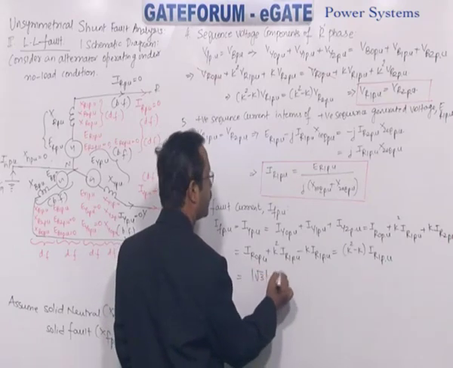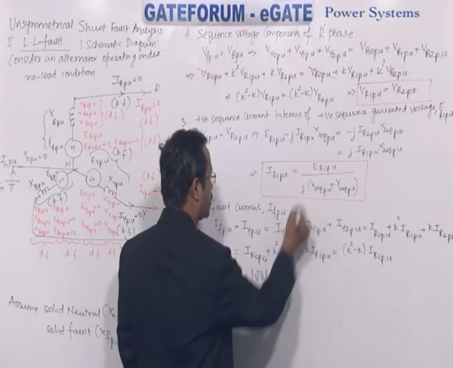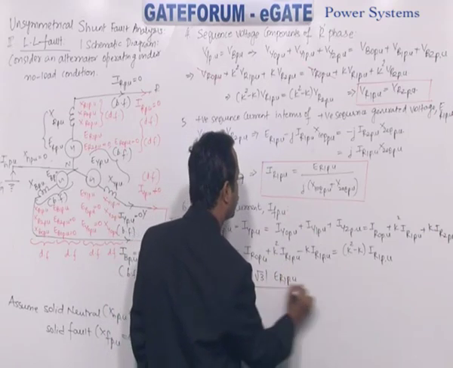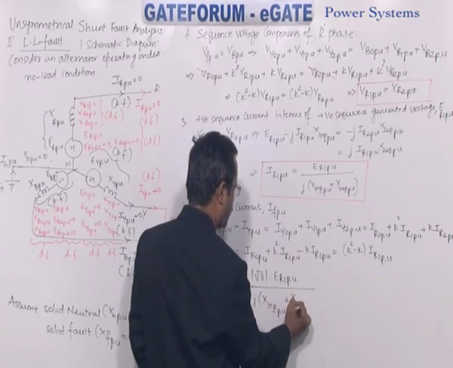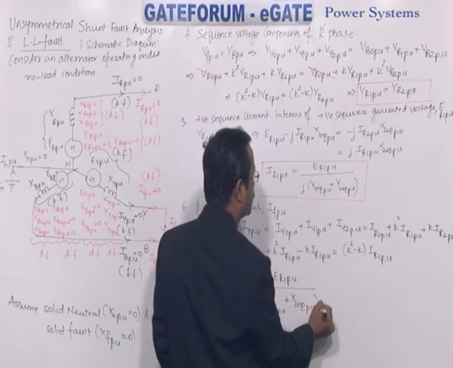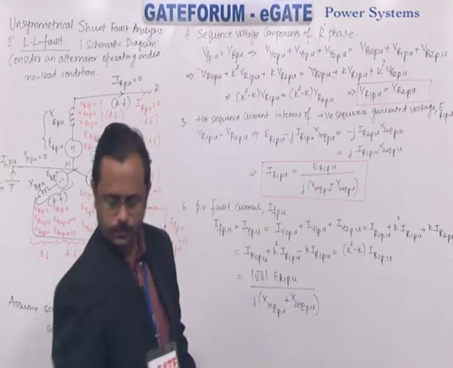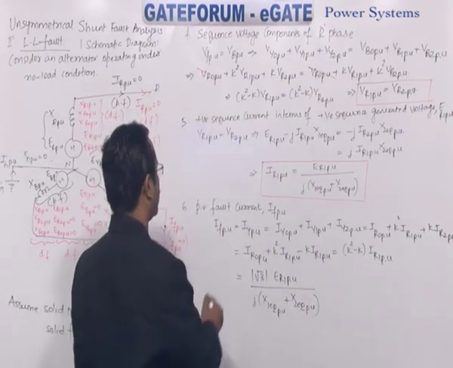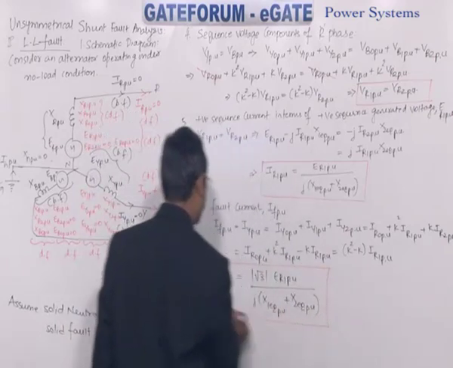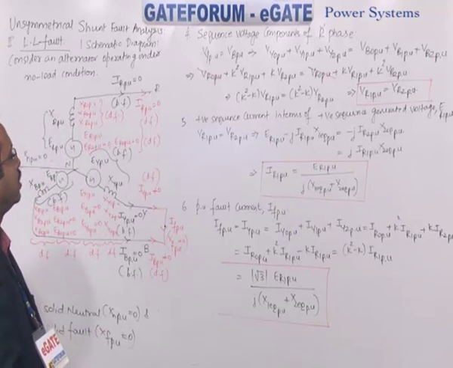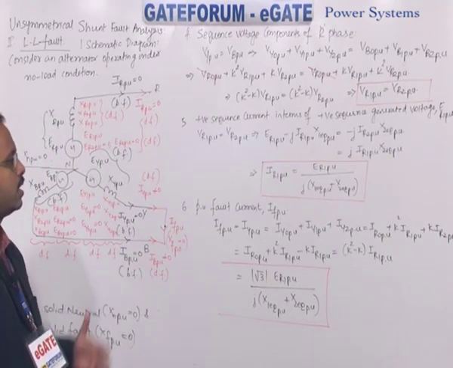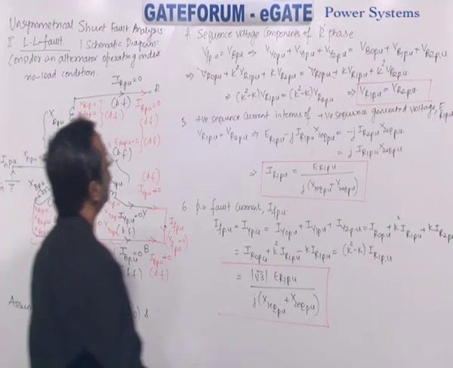It is root 3. IR1 how much? Substitute here. ER1 by J times X1 equivalent plus X2 equivalent. This is how you write what is the per unit fault current. So this is how you calculate the per unit fault current.